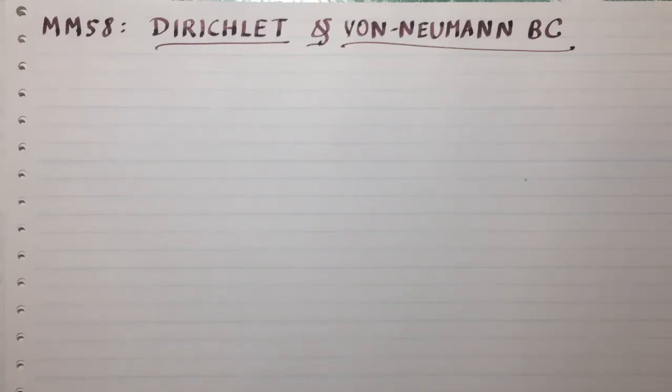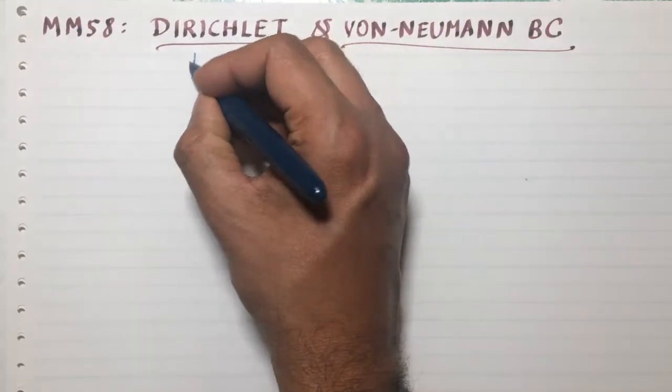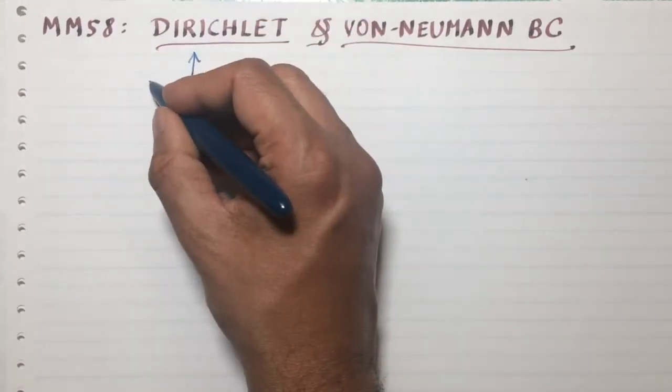There are two kinds of boundary conditions in all the problems that we are looking at, and they're called Dirichlet and von Neumann boundary conditions. Dirichlet boundary conditions are boundary conditions on the functions themselves.